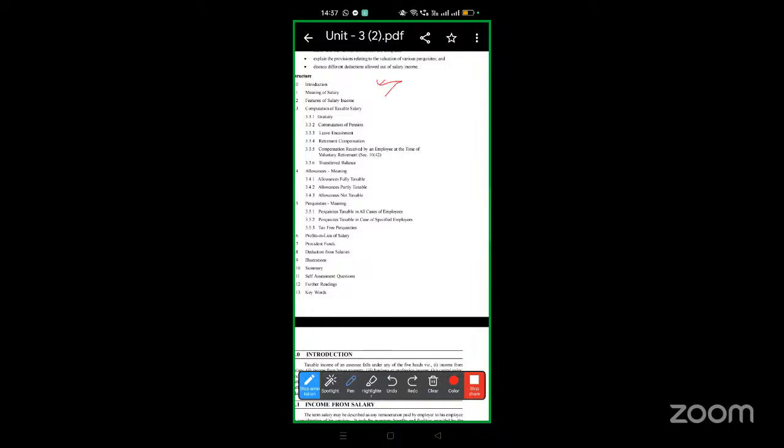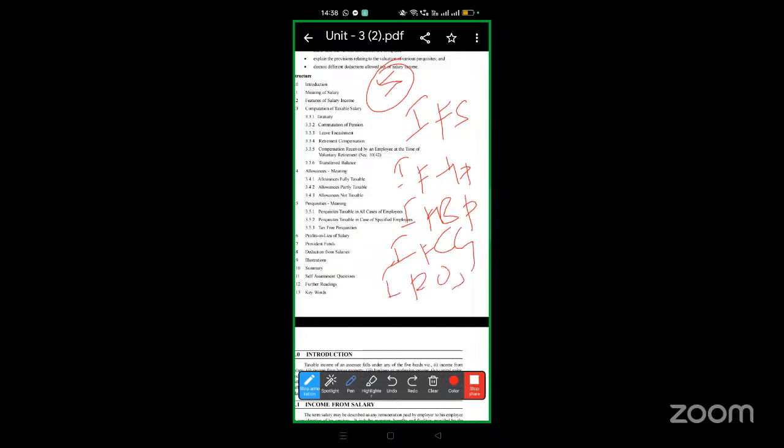The five sources of income are: the first one is income from salary, income from house property, income from business or profession, income from capital gains, and the last one is income from other sources. So these are the five sources of income where an individual earns income.